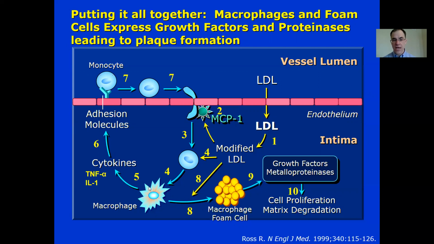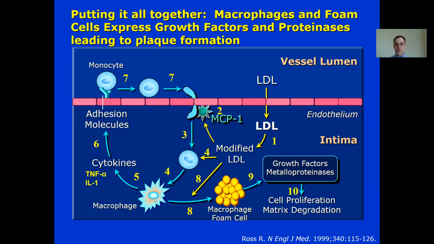In any event, the macrophage is going to produce cytokines, TNF-alpha and IL-1, those proteins that are responsible for causing the endothelial layer of the intima to make adhesion molecules, which will attract the monocytes into the coronary artery intima. Essentially, steps 3 through 7 will repeat in order to keep getting monocytes in and cause the macrophages to accumulate.